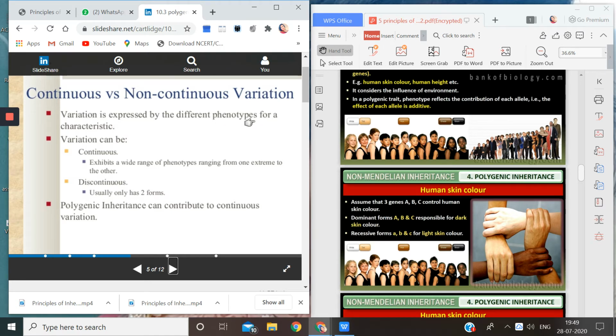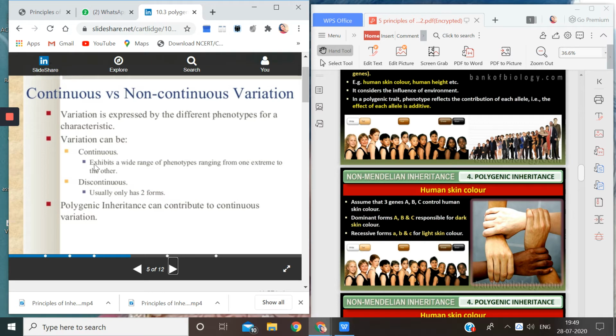If all the progenies have the same skin color, there will not be any variation, right? Variation will only be seen if there are different phenotypes for a particular character. So variation can be continuous.